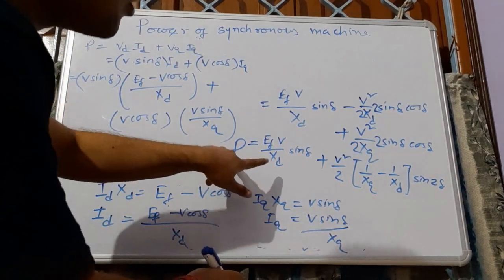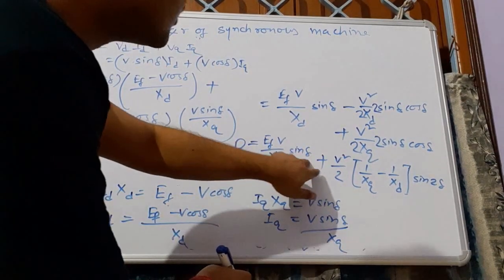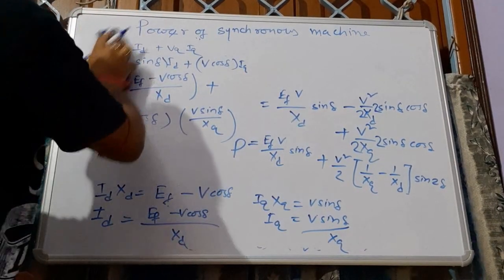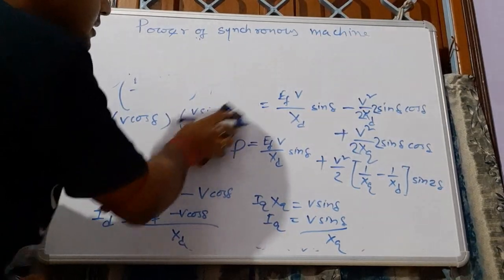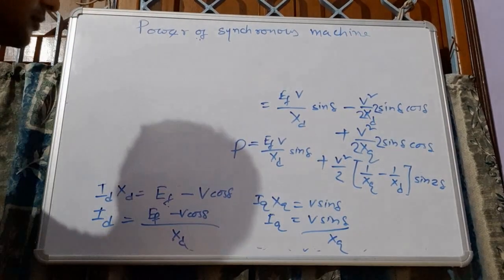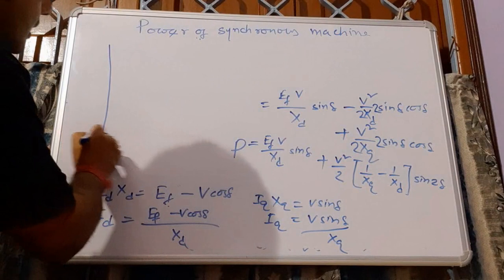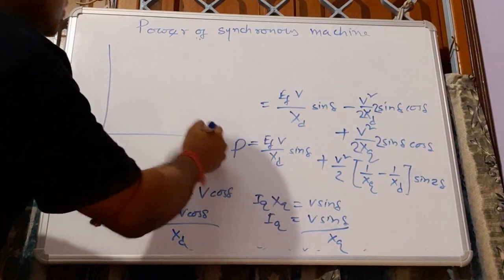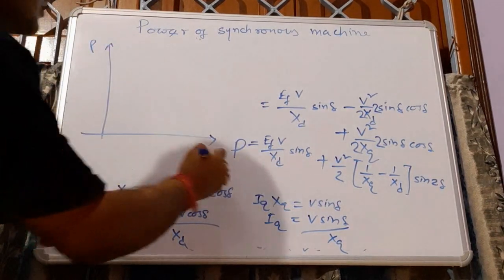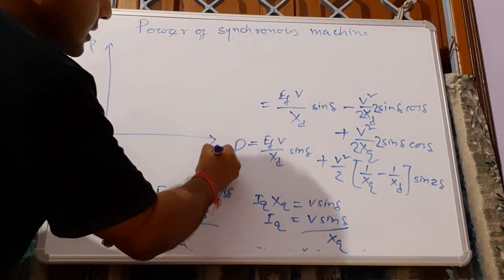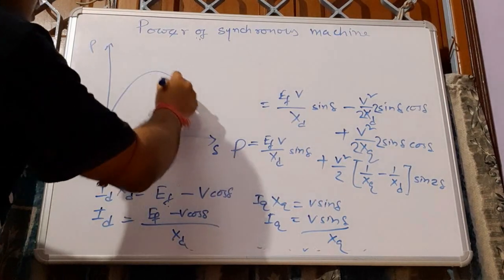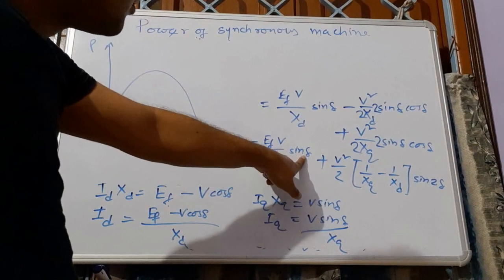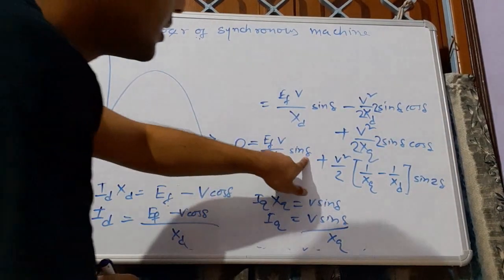Now if we draw the power versus the angle delta, it will be like this. We know that P equals EV by X sin delta. So here it is P and this is delta. This is like this because this is the sinusoidal part.